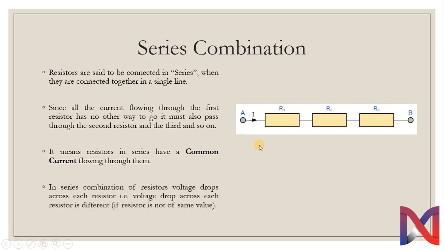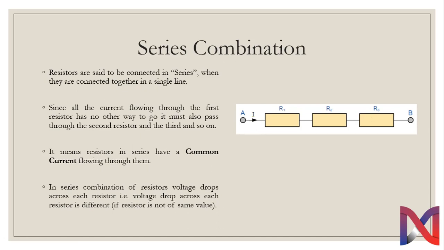However, the case of voltage is a bit different. In a series combination of resistors, voltage drops across each resistor. That is, voltage will be different across each and every resistor connected in series. For example, we are having 5 volts at the input.